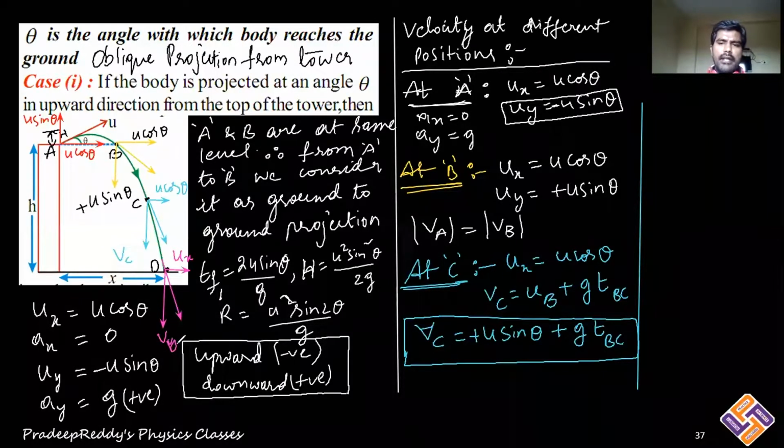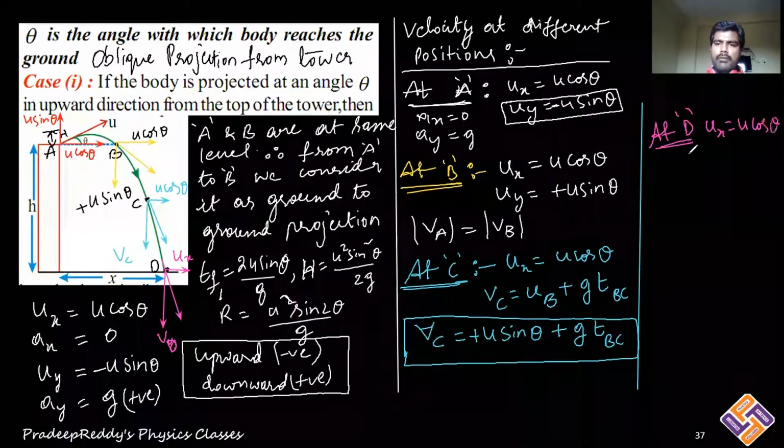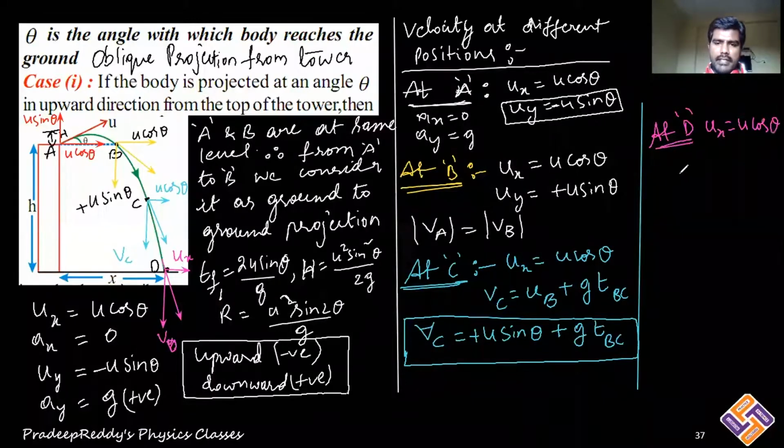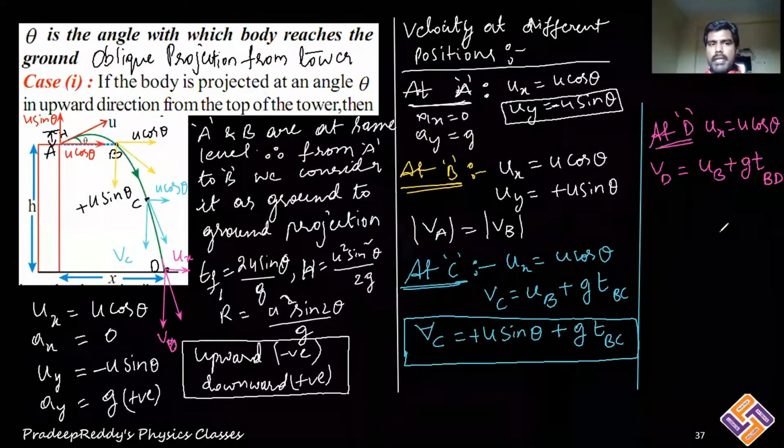I need to write it there. Now I'll be writing it at D. Velocity along x-axis it remains same, u cos theta as it is. And what about velocity at D? Velocity at D will be equal to initial velocity at position B plus acceleration g into time taken from B to D. Here also I am taking reference B, not A.